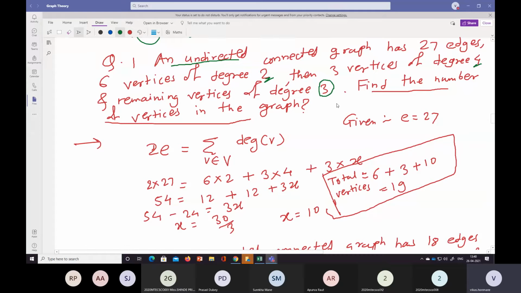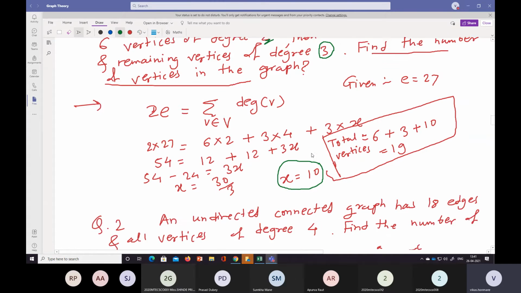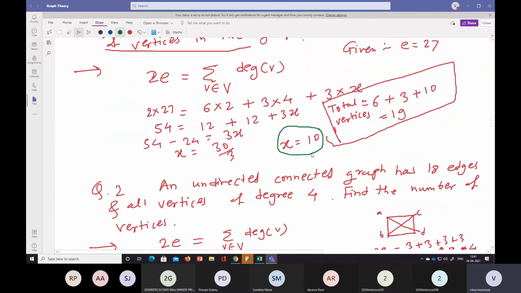So there is an even number of vertices with odd degree, 10 vertices with odd degree 3. So the second theorem is also proven in this example, and this is a way to cross-check whether your answer is correct. The total number of vertices is 6 plus 3 plus 10, which is equal to 19. So this is the first question.